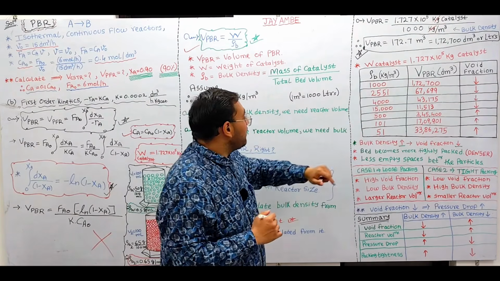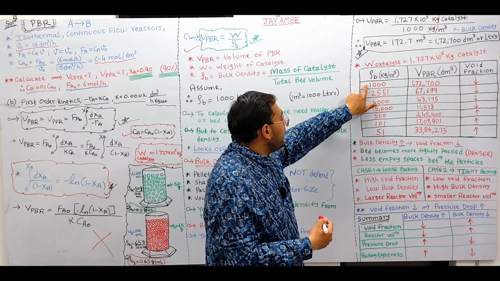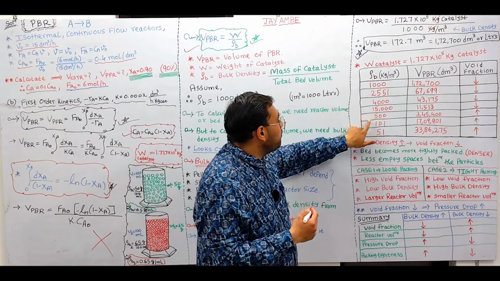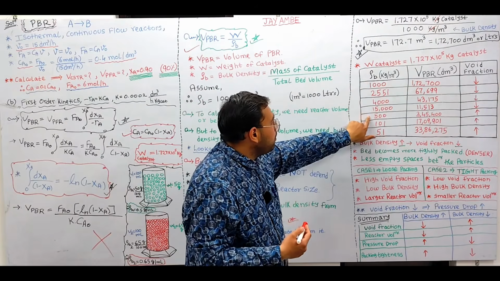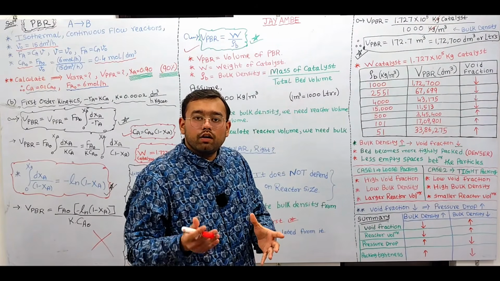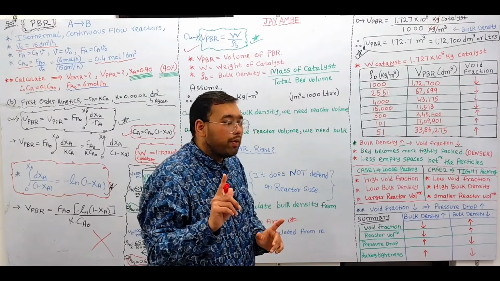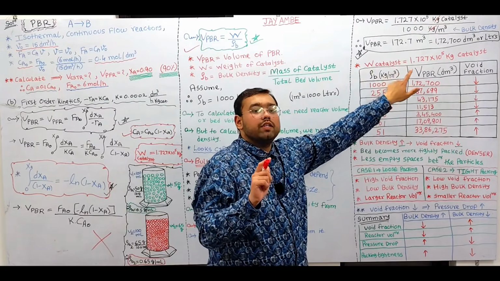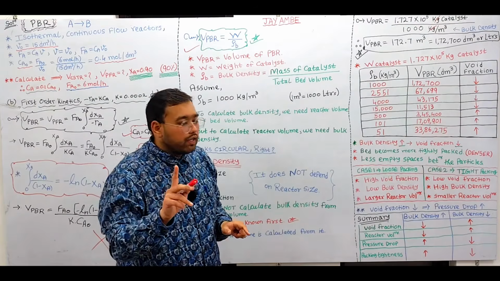Let's understand that. By decreasing the bulk density from 1000 kg per meter cube to 500 kg per meter cube, how will it affect the volume of the packed bed reactor? But remember this, here we are keeping the same weight of the catalyst, which is 1.727 into 10 raised to 5 kg.